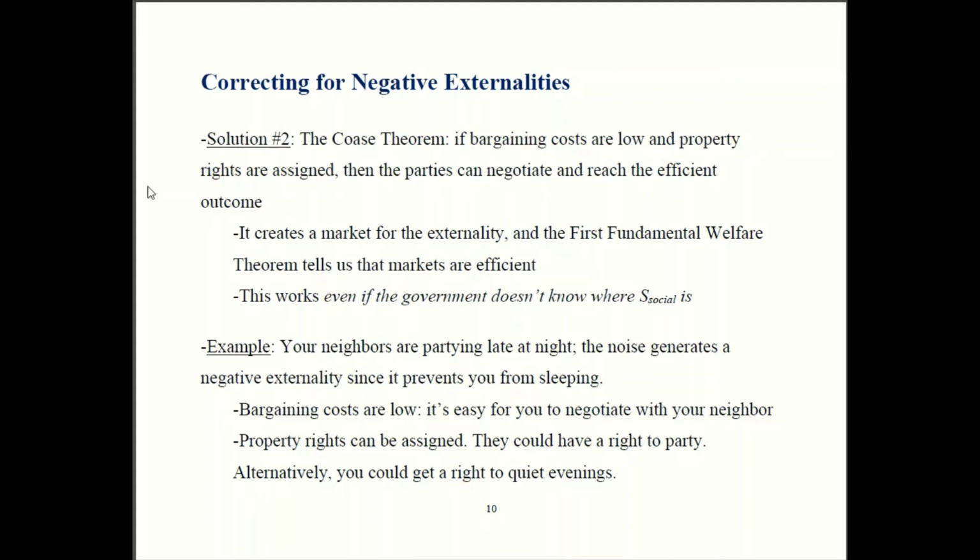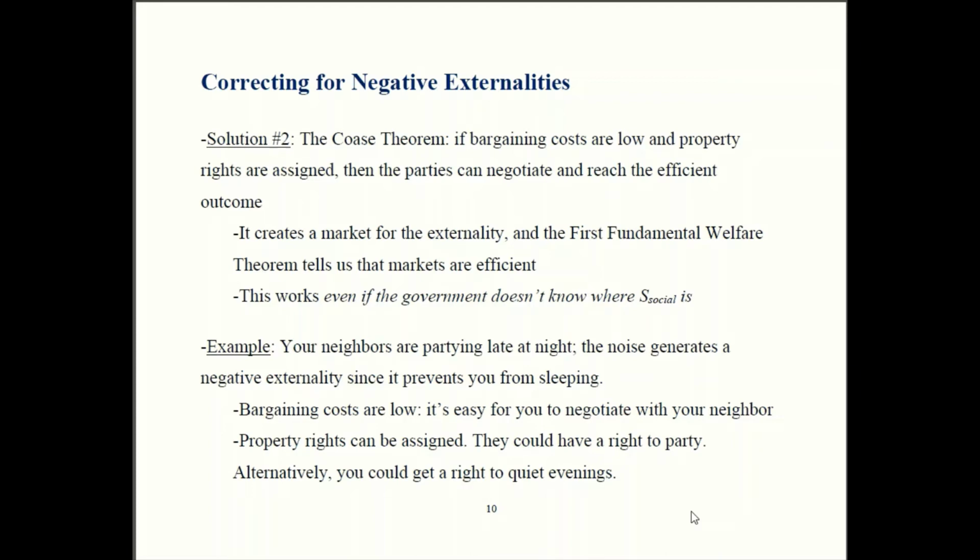Can property rights be assigned? Yes, they can. So, two ways to do it. They could have a right to have a party. That's one way to assign property rights. Alternatively, there could be a right to quiet evenings. So you get a right to peace and quiet. That's another way to assign property rights.